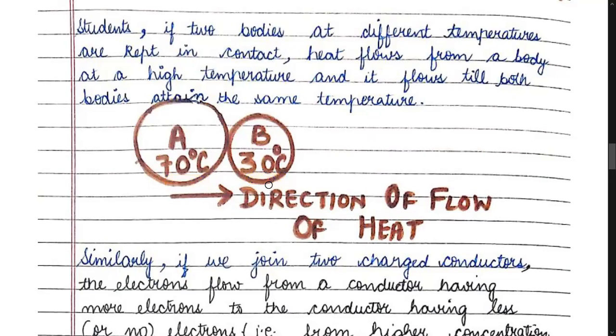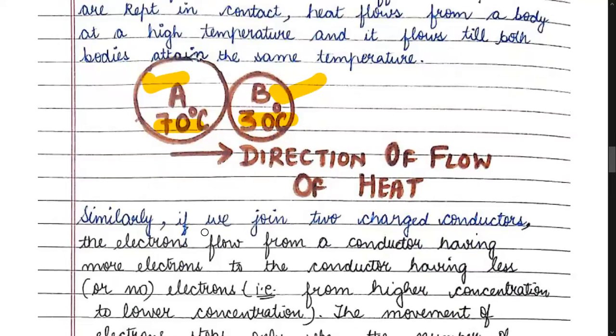So in the case shown on page number 3, I have taken two conductors A and B. Conductor A is kept at 70 degrees Celsius while conductor B is kept at 30 degrees Celsius.